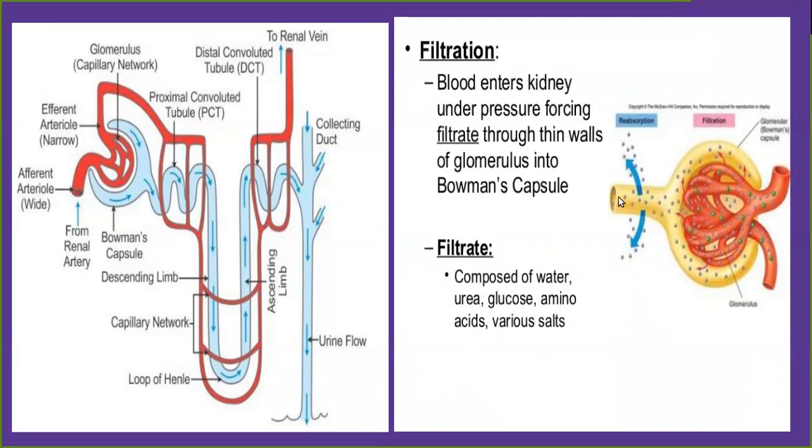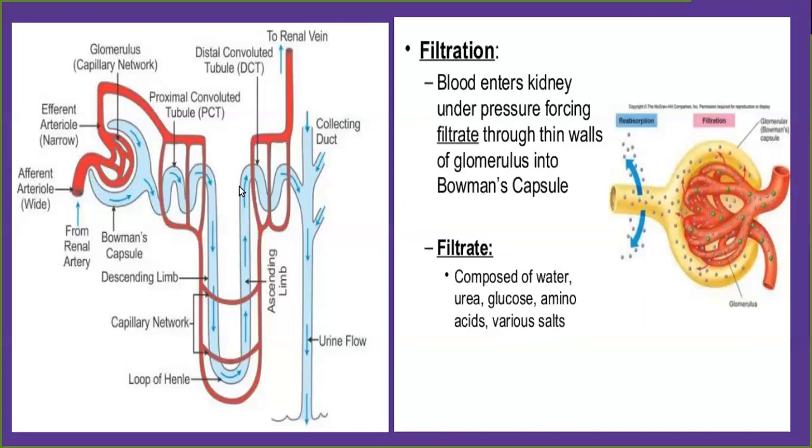Is it clear? So what I said, I repeat once again: when the blood moves through this glomerulus, because of high pressure, it forces a filtrate through the thin wall of the glomerulus into the Bowman's capsule. This is called the glomerular filtrate, composed of water, urea, glucose, amino acids, and various salts.